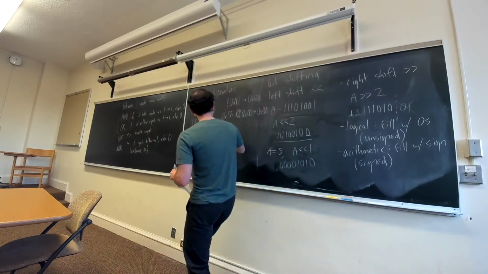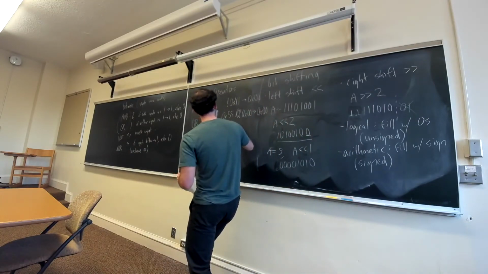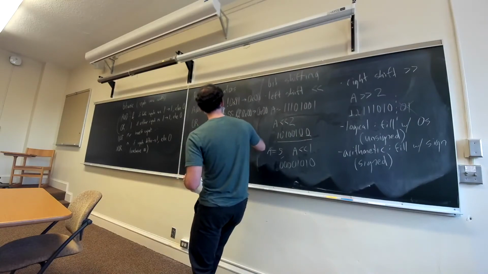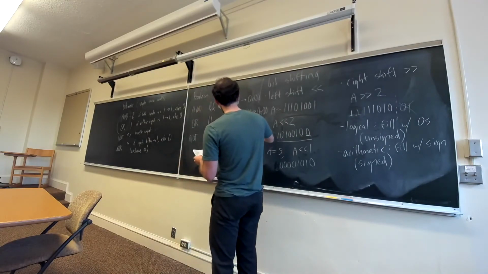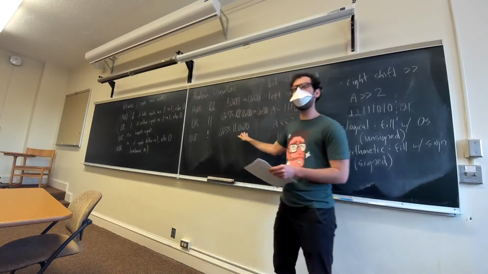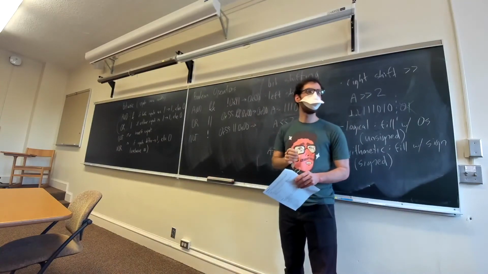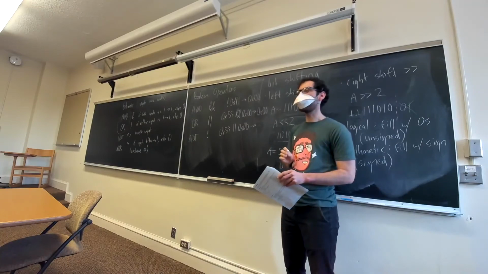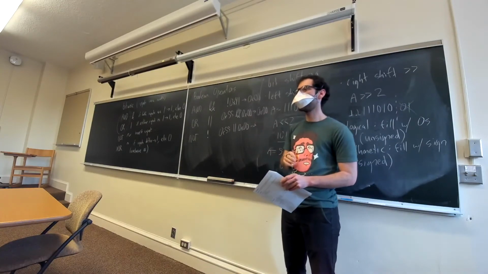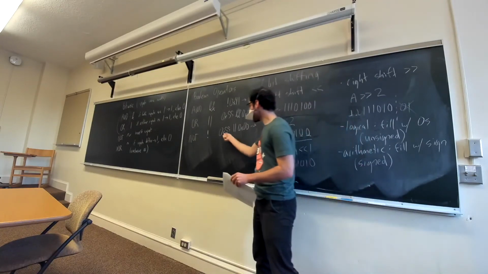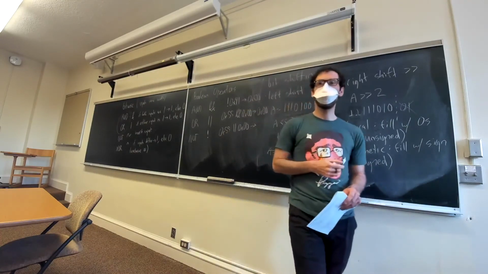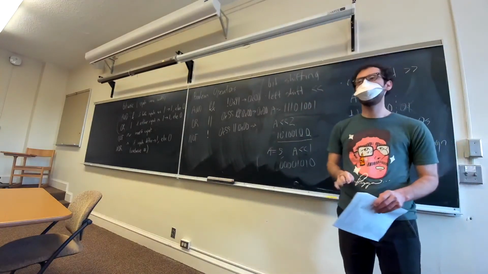How about hex 55 or hex 0? Any predictions on what this will result in? Holly? Hex 55. Hex 55, that seems like a reasonable outcome. Any other predictions?